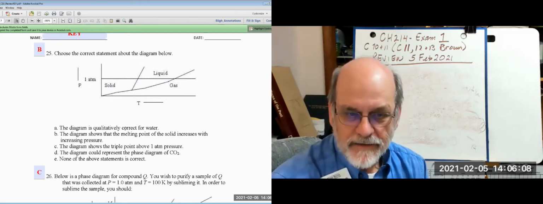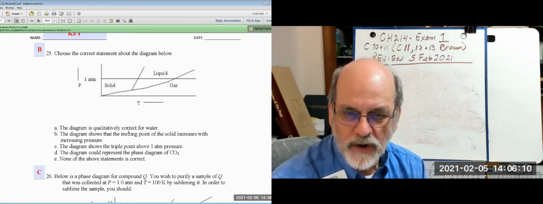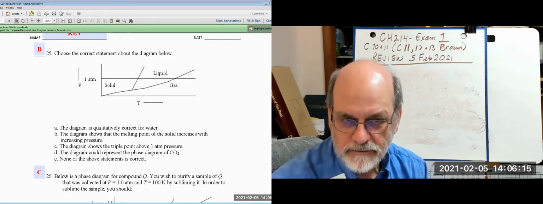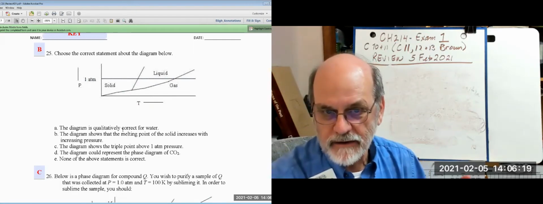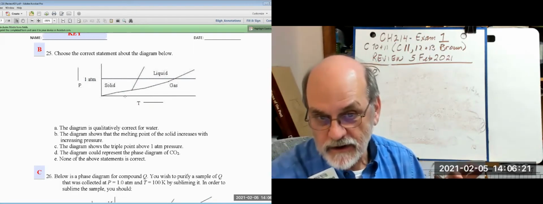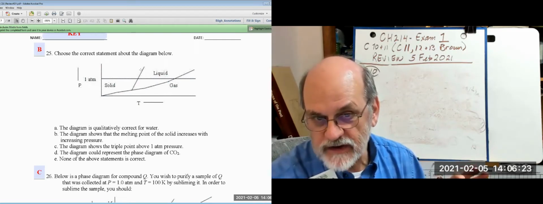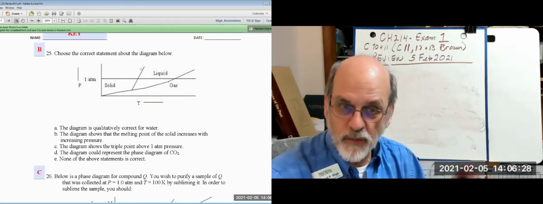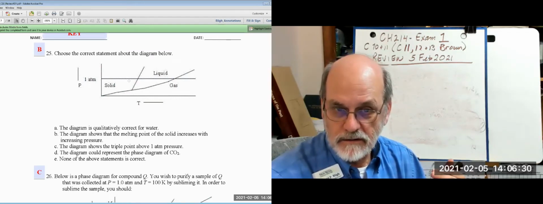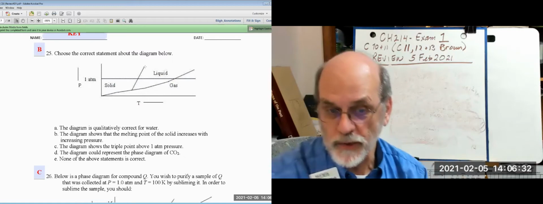How about B? The diagram shows that the melting point of the solid increases with increasing pressure. Okay, where's the melting point located? Between solid and liquid. So the melting point is along this line, and it varies with pressure on the positive slope.